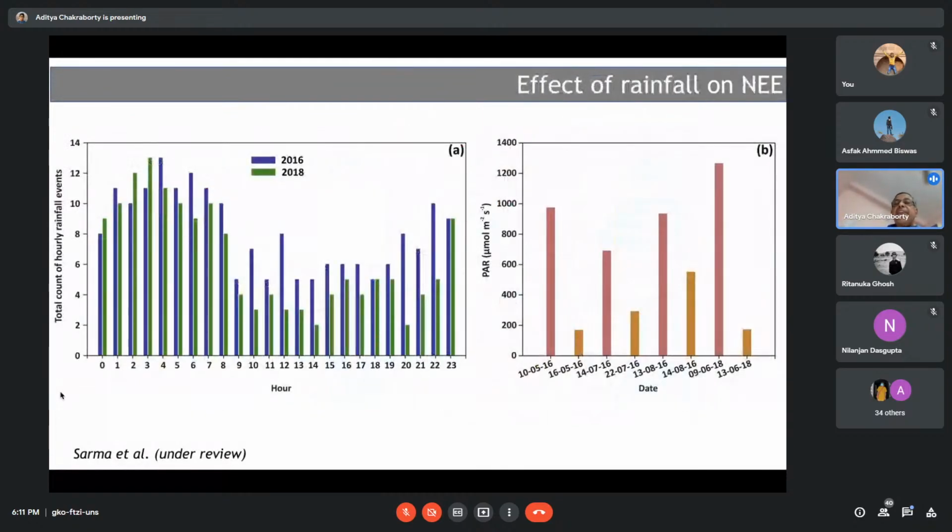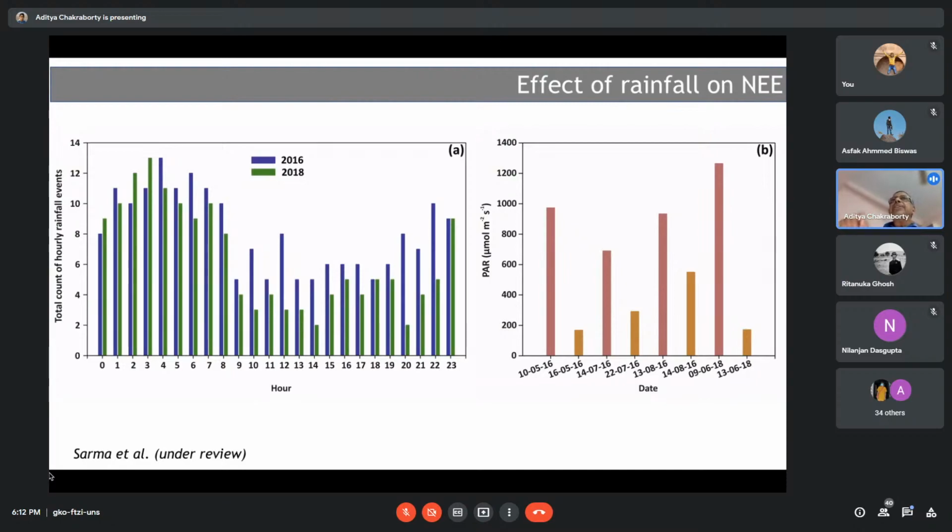Now this is the effect of rainfall. What we would like to show here is that the rainfall is higher. What we have done here is calculate the total amount of rainfall during the daytime, throughout the day, 24 hours. What we have observed is that most of the time in 2016, the rainfall happened during the daytime.